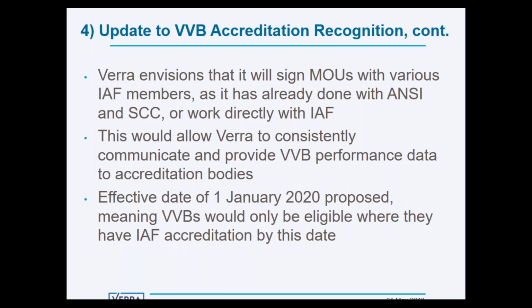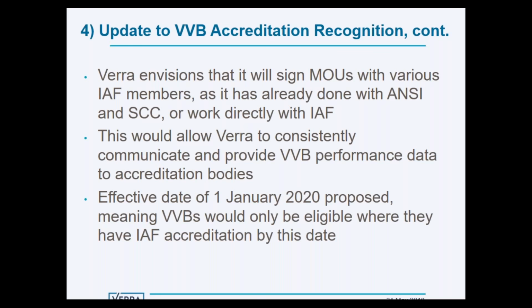And so the way that we would envision this working more precisely is that we would be signing MOUs with really as many IAF members as we're able, but we've already undertaken an analysis, in fact, to identify those IAF members which are likely going to be most important to have a relationship with.